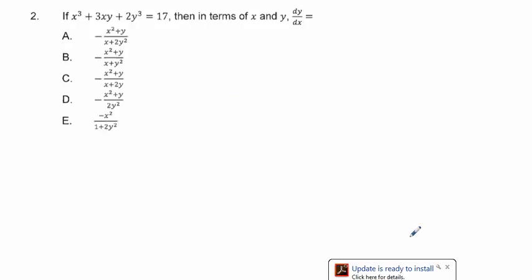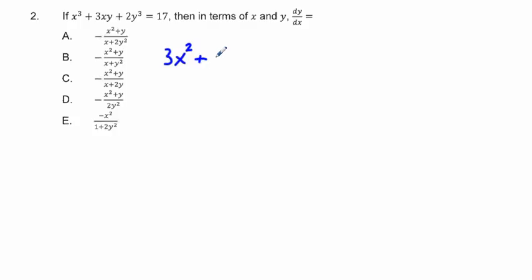Next problem, 2. If x to the 3rd power plus 3xy plus 2y cubed equals 17, then in terms of x and y, dy/dx equals. What we're going to do is what we call implicit differentiation. We take this x cubed, and the derivative of that is going to be 3x squared times dx/dx, which is 1.